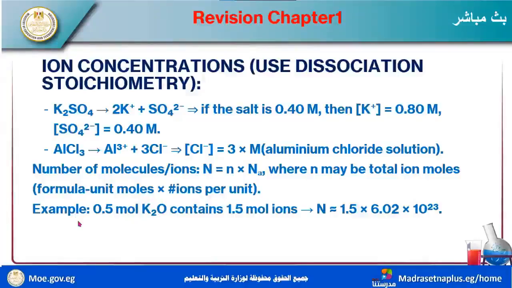So 0.5 moles equals 1.5 moles of ions. And 1.5 times Na is the number of ions. Na equals 6.02 times 10 power 23. You must save this number; this is Avogadro's number.